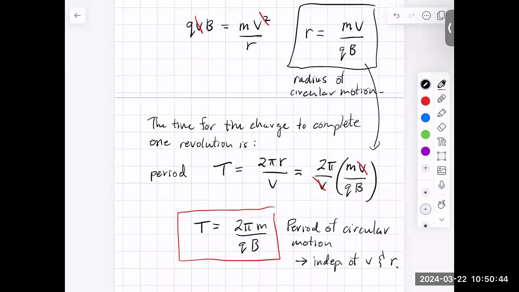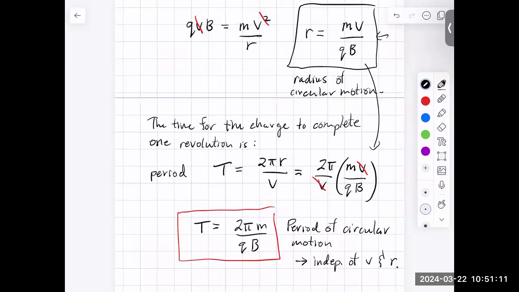You might have guessed that particles that are moving faster will complete their revolution in a shorter time. Why doesn't that happen? It doesn't happen because particles that are moving faster have a larger radius. And so those two effects exactly cancel out. Here is a period that doesn't depend on the radius of the motion.